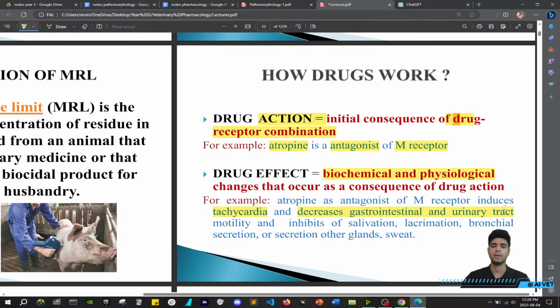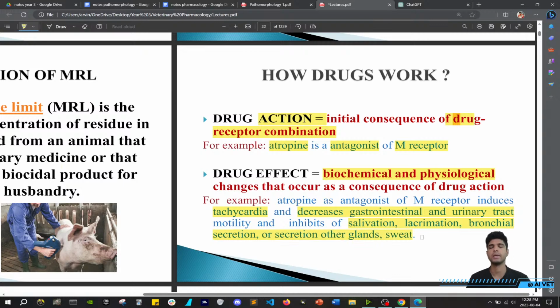That is a very important characteristic of the GI tract, so that is reduced. And it inhibits salivation, lacrimation, bronchial secretion, and secretion of other glands. Wow, so it does a lot of things.